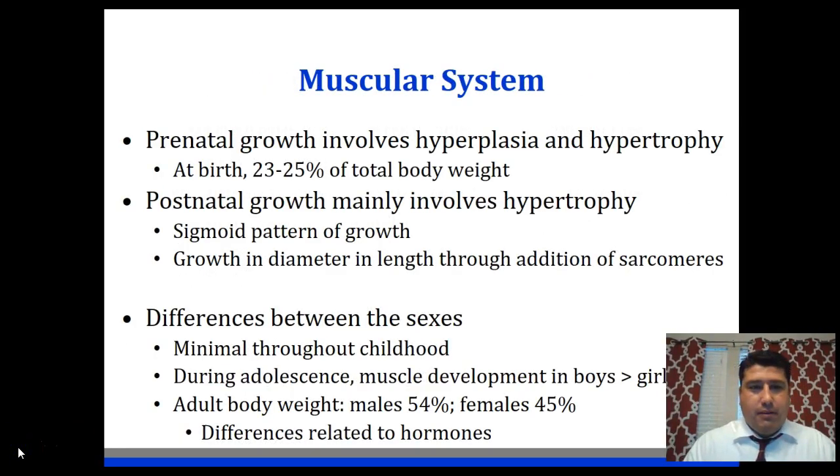Okay, so the muscular system also starts to develop prenatally, before birth. It involves the processes of hyperplasia and hypertrophy. Okay, hyperplasia is the increase in the number of cells.